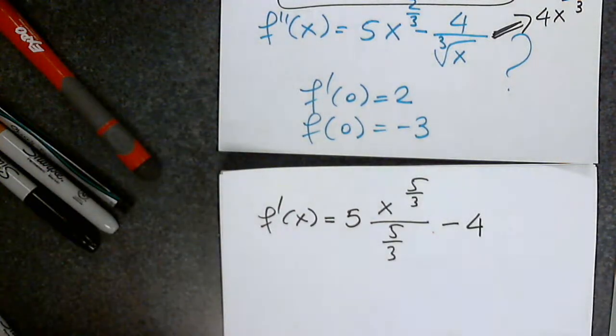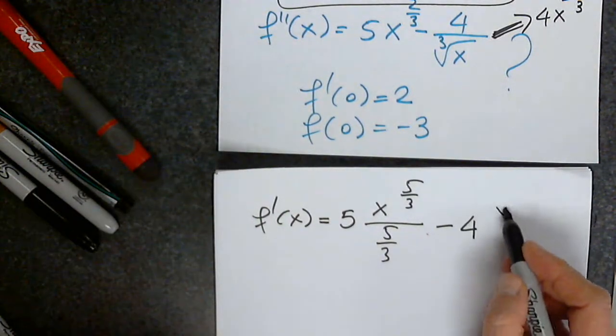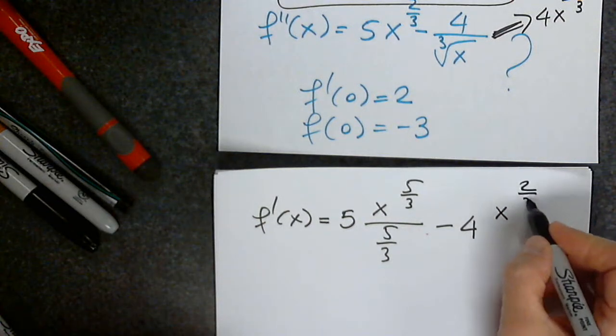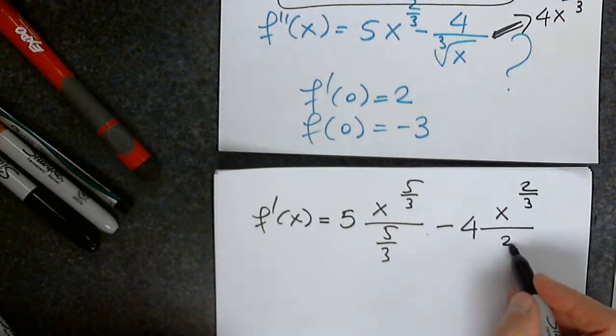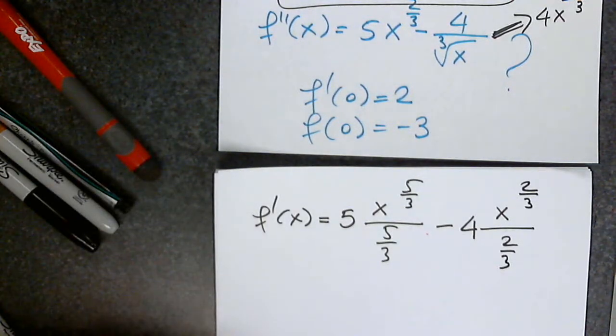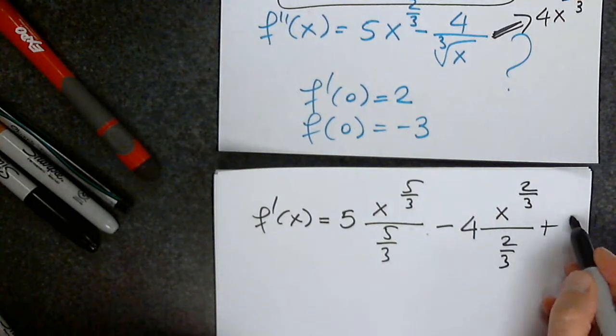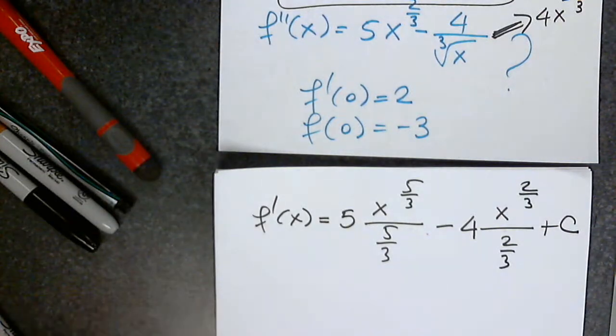So 4 x raised to negative 1/3 plus 3/3, over 2/3, plus c. Very good.